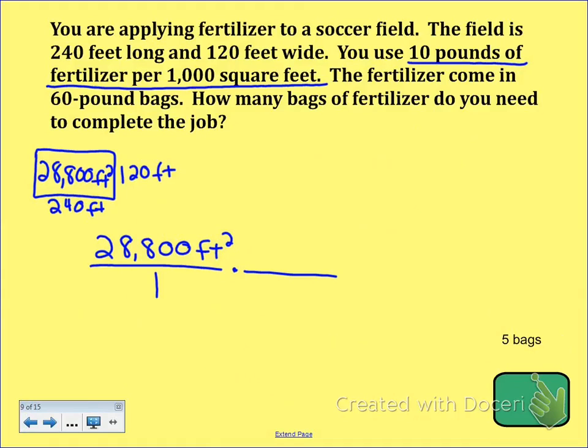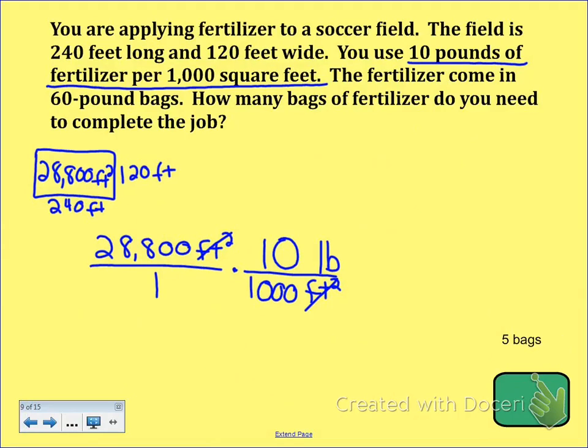So feet squared is on the top of my fraction. I'm going to put it on the bottom of my next one. And we have our conversion of pounds. So LB for the abbreviation for pounds. And they tell us that 10 pounds covers 1,000 feet squared. So now we're going to cancel our feet squared.